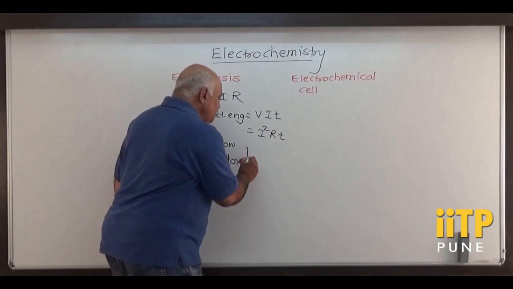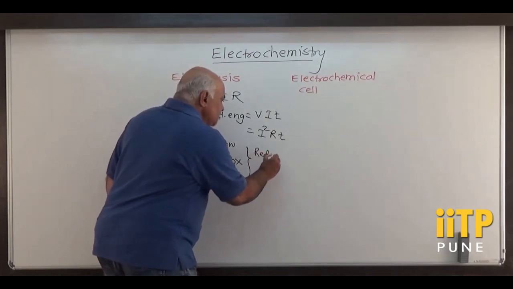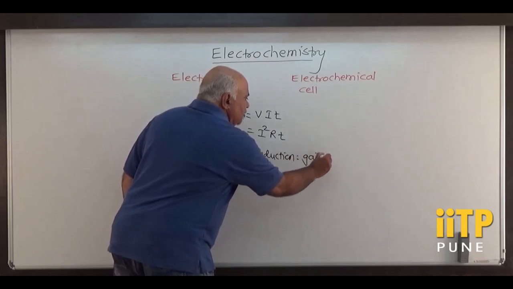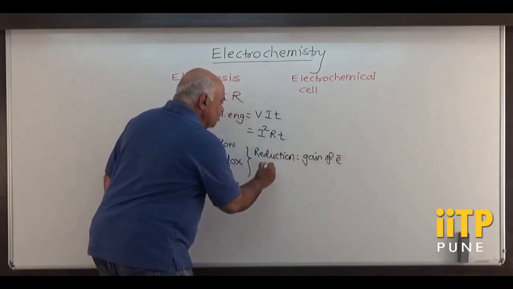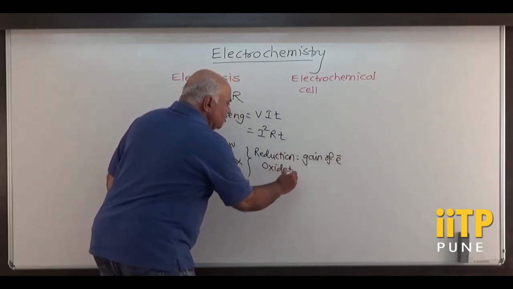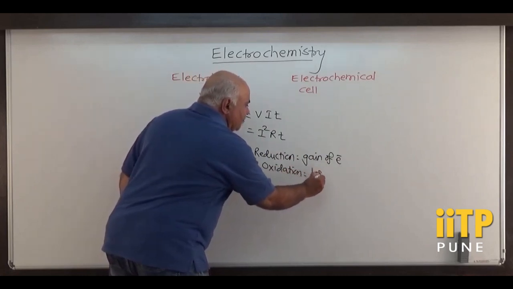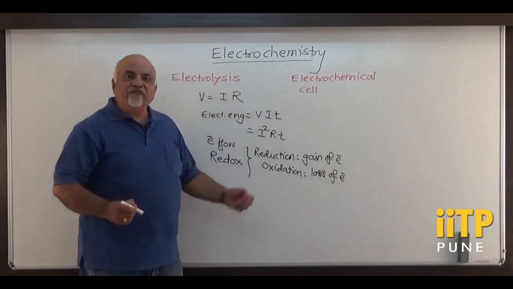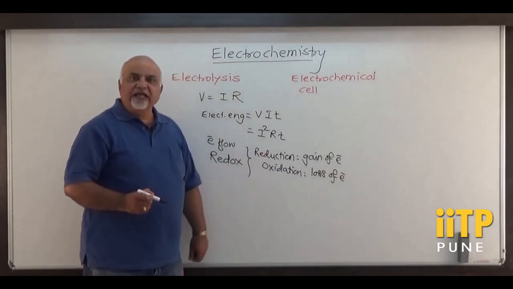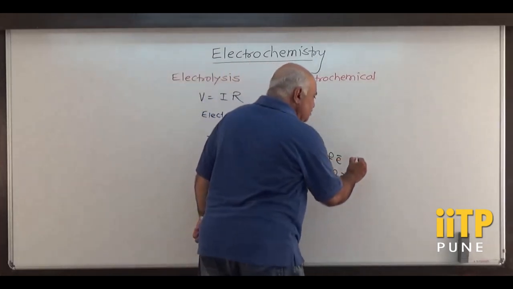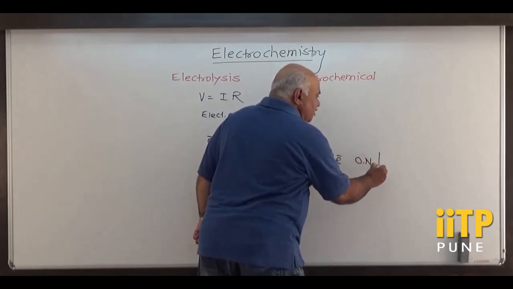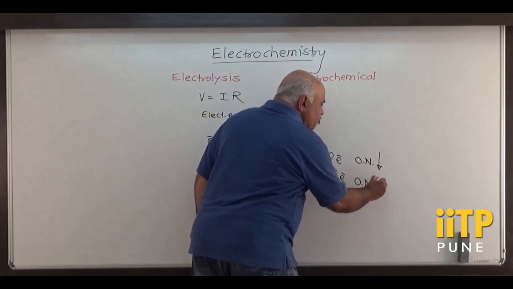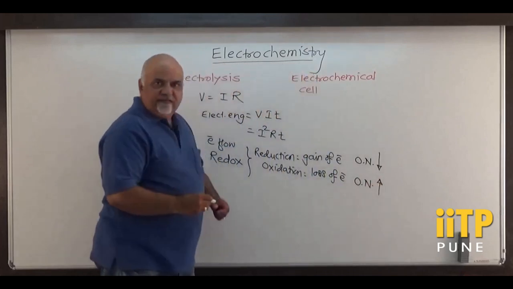So reduction, gain of electrons, and oxidation, loss of electron. So when there is a gain of electron, definitely the oxidation number will decrease, whereas in oxidation process, oxidation number will increase.